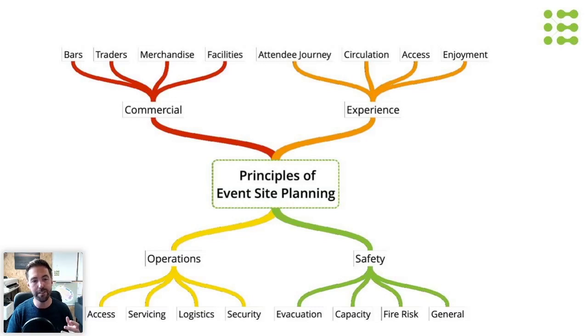I put facilities there as an example of that. I'm going to take toilets as an example. I feel like I'm going to talk about toilets a lot today. If you have 30 toilets next to a main stage, that might not be enough if you've got 10,000 people and that's the only block of toilets.